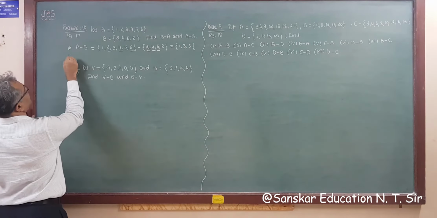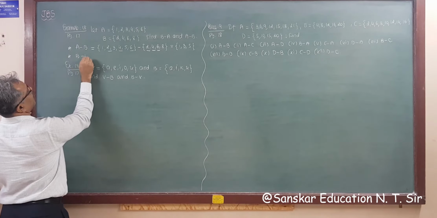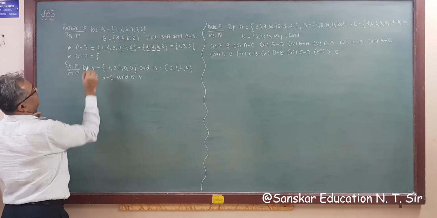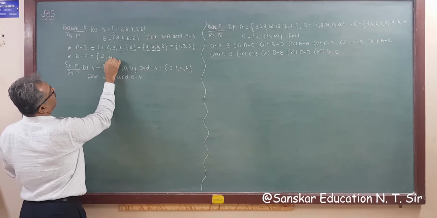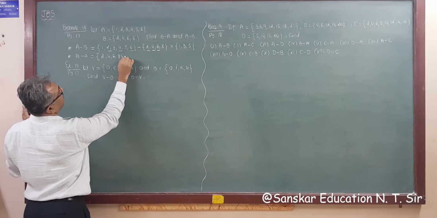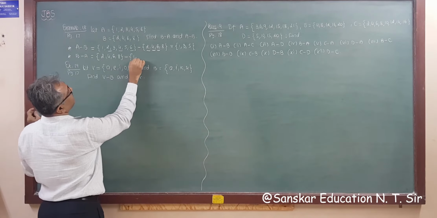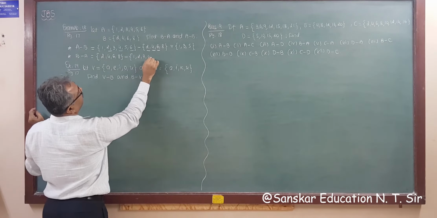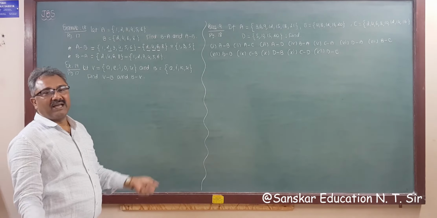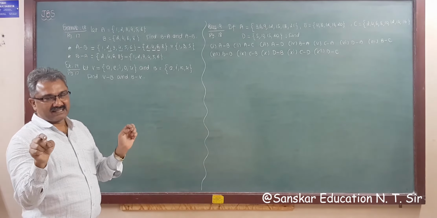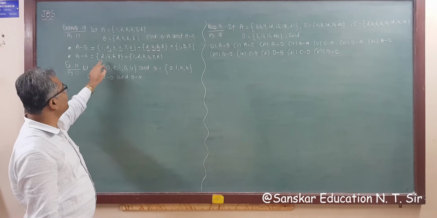Now B minus A. Now the first set is B, so we have to write first set B: 2, 4, 6 and 8 minus A. A is 1, 2, 3, 4, 5, 6. Now difference means we have to remove common elements from the first set.